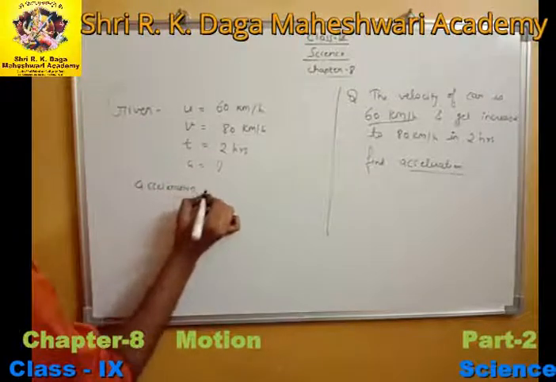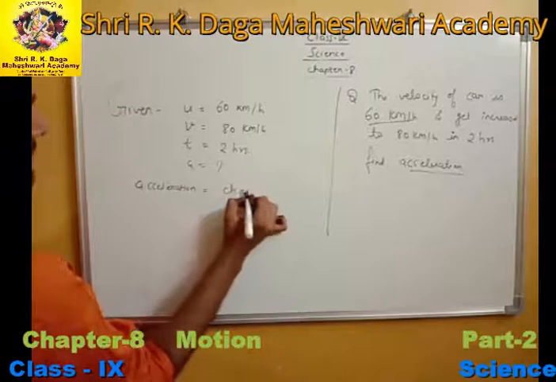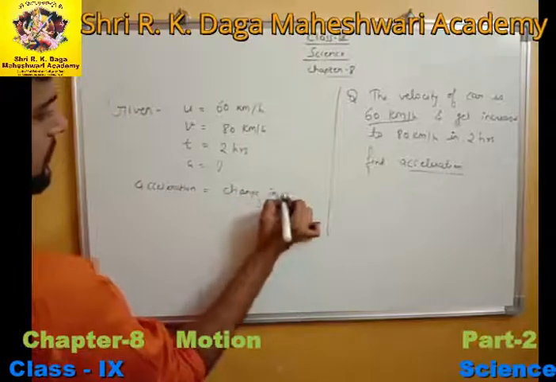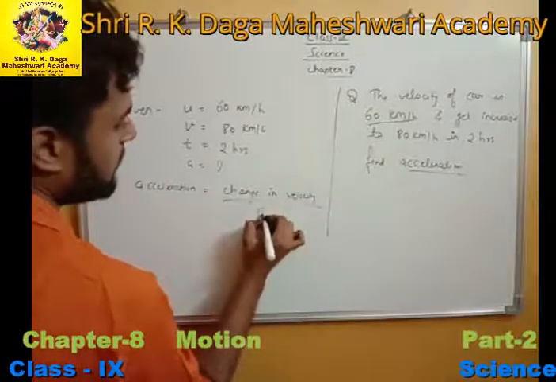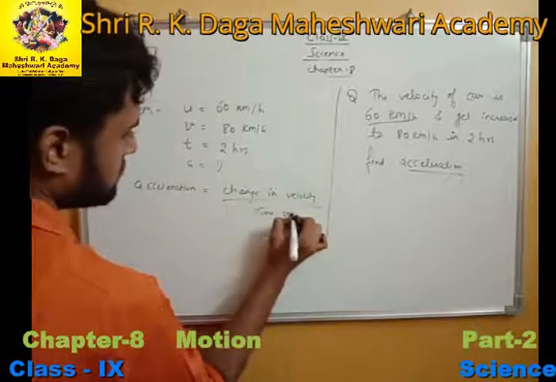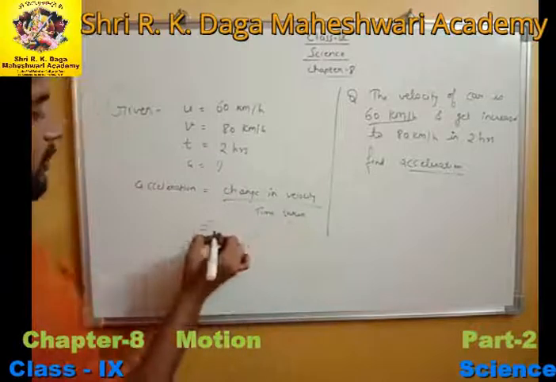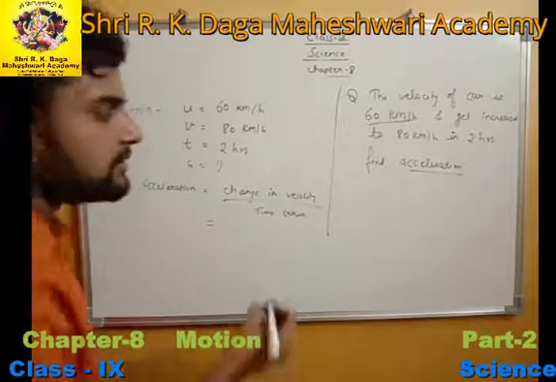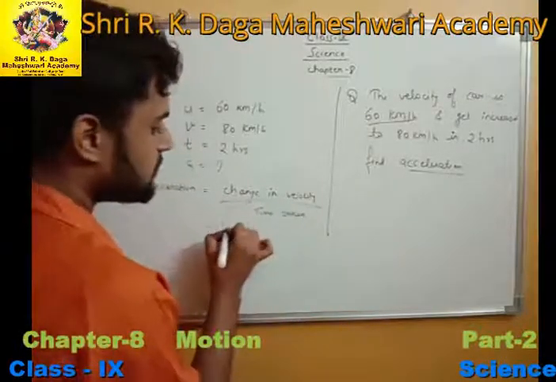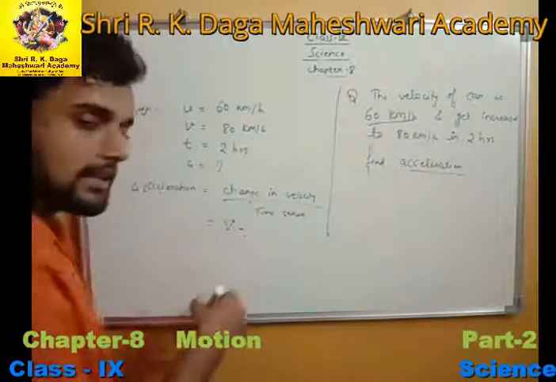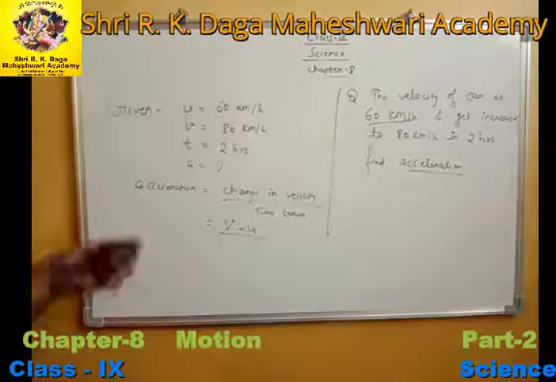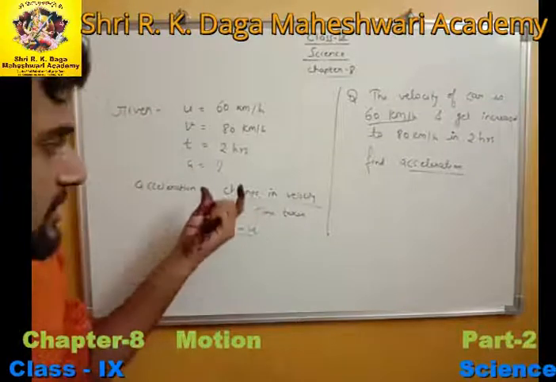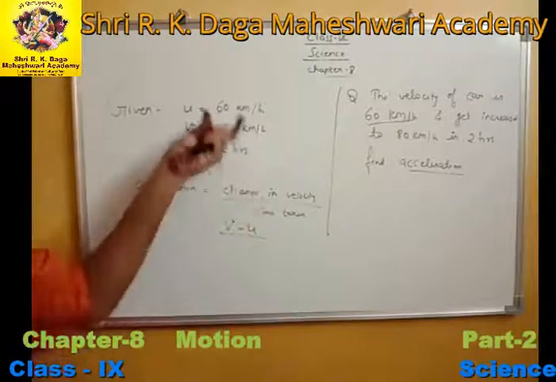So what is the formula for acceleration? Acceleration is equal to change in velocity upon time. How can we calculate the change in velocity? We can calculate the change in velocity by simply doing final velocity minus initial velocity, right? The change will be final minus initial.